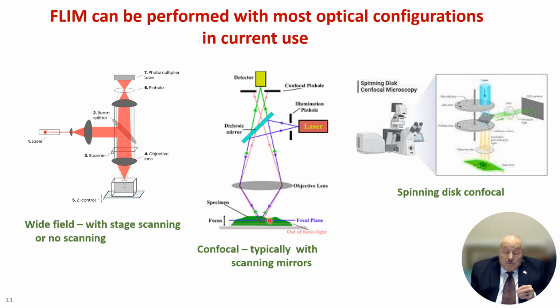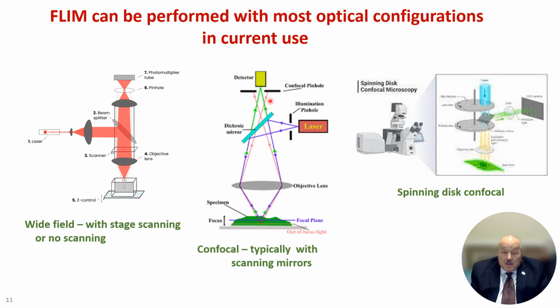What do I mean by out of focus emission? Microscope objectives have a very small depth of field. They're only in focus at a very thin layer, and everything above and below that layer is out of focus, and that gives you a blur in the image because you're not seeing what's at the focal plane, you're seeing through the whole cell.